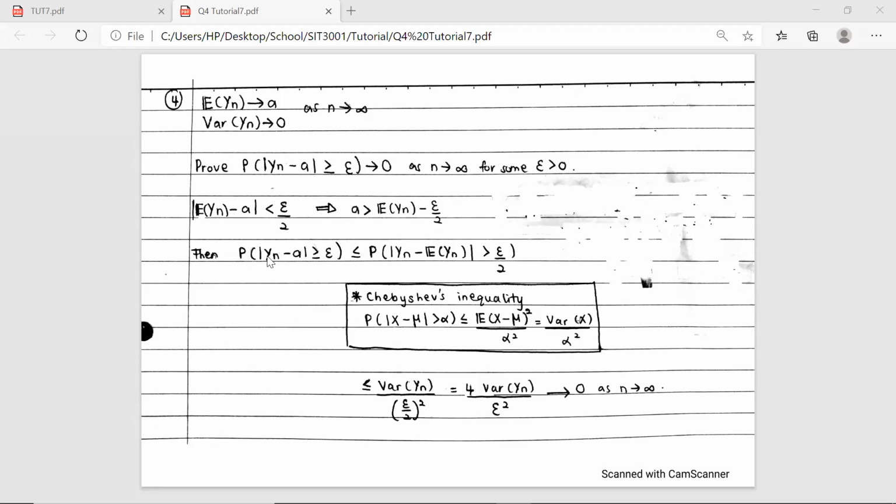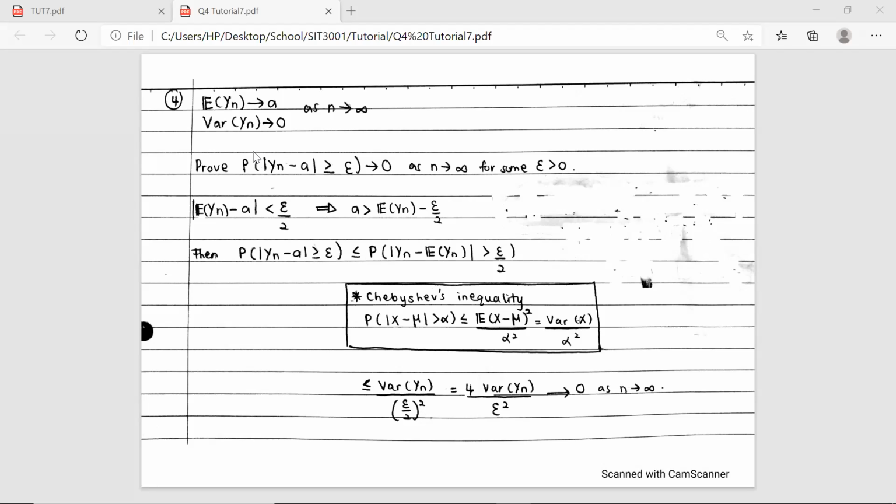Then the probability of yn minus a more than or equal to epsilon is bounded by the probability of yn minus expectation of yn more than epsilon over 2. And then we apply the Chebyshev inequality. So this is bounded by the variance of yn over epsilon over 2 squared.